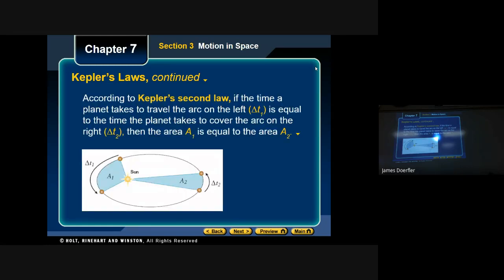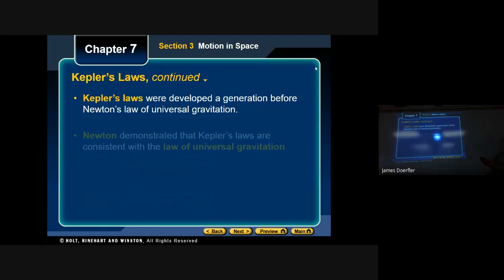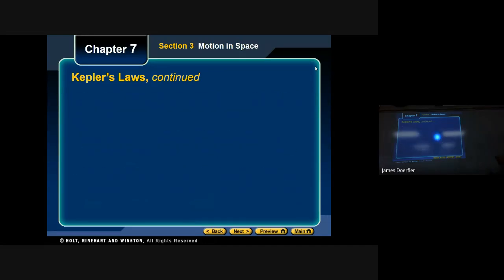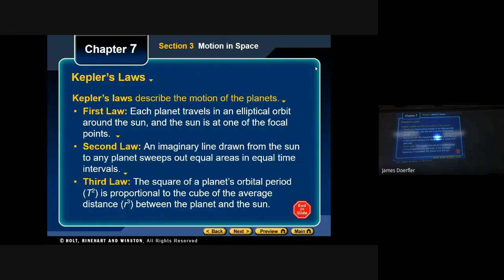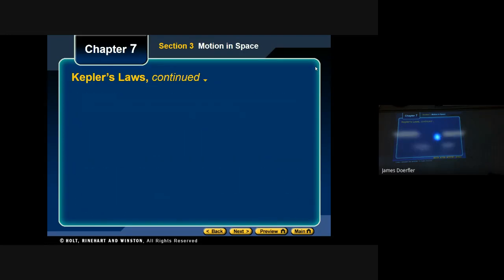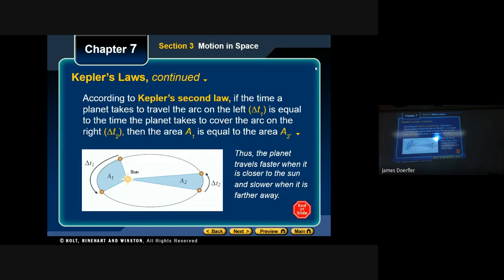So this is looking at Kepler's second law, which, right there, says an imaginary line drawn from the sun to any planet is going to sweep out equal areas in equal time intervals. To get a vision of this, we look at a planet orbiting the sun.